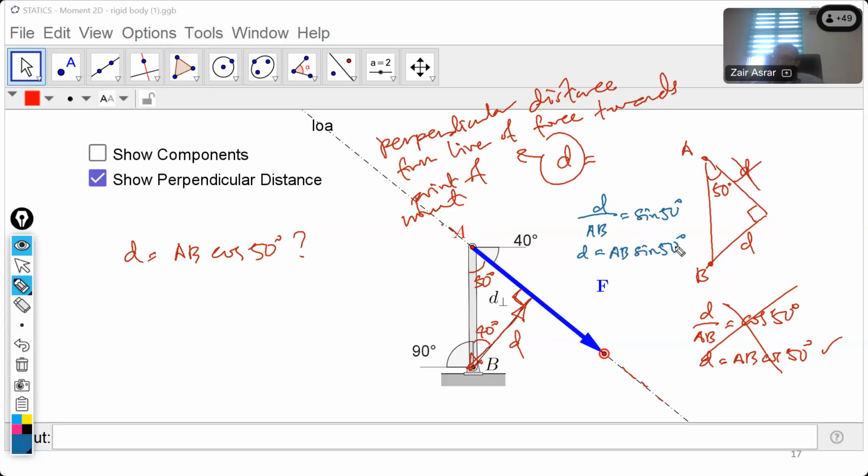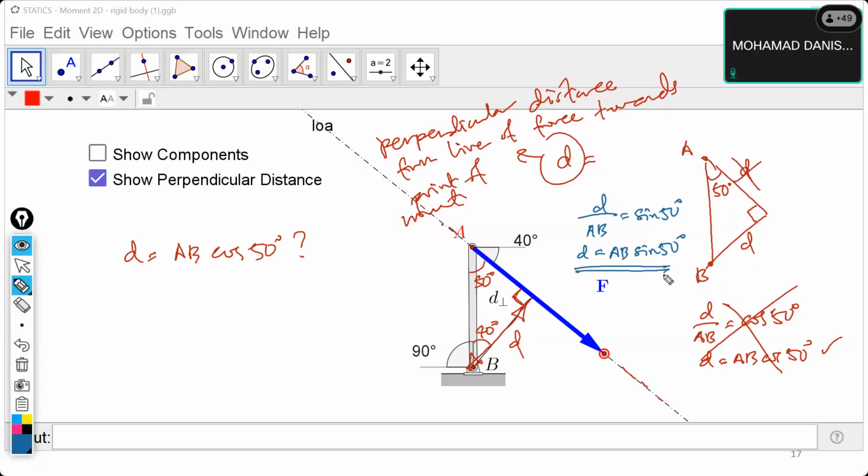Don't remember the equation, understand where the equation is coming from, because the direction of the angle can be changed easily. I can change it a lot. Is this okay? Everyone got how we arrive at D equals AB sine 50 degrees?